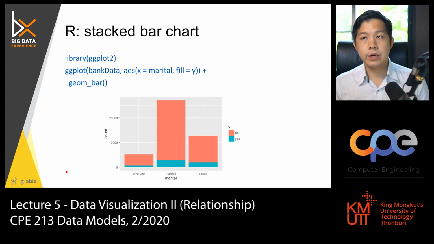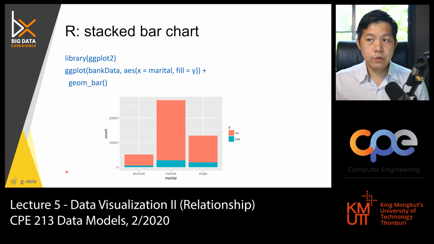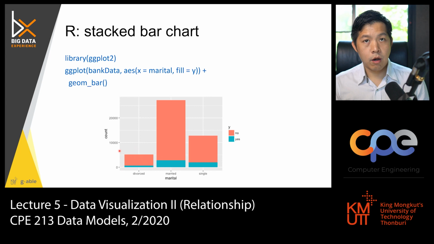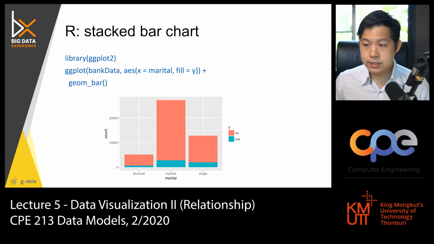The one that I show you here is the use of a bar chart. When you use a bar chart, you can represent the association as a stacked bar chart. In the stacked bar chart, the height here is the cumulative sum of both yes and no in each marital status.